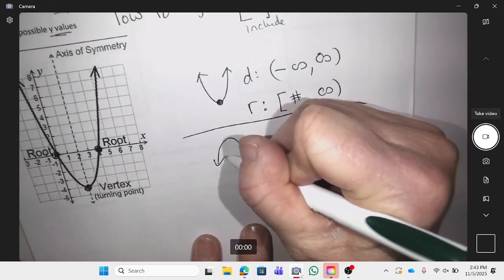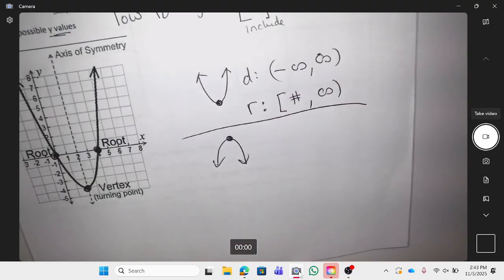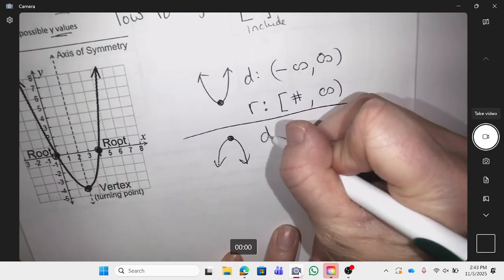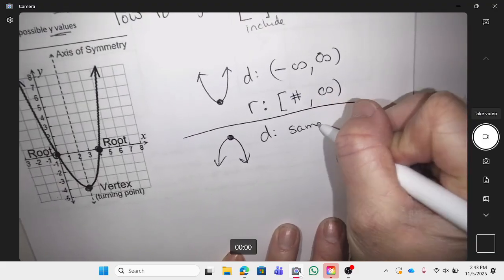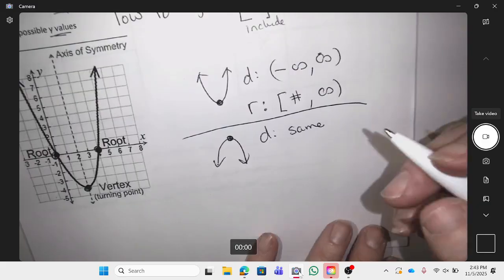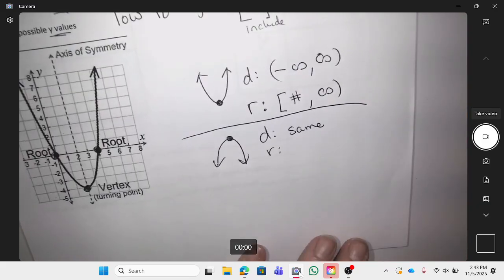But what if we did this one? Would you agree with me that the domain would be written the same? Okay, and then range is a little bit different. Why?